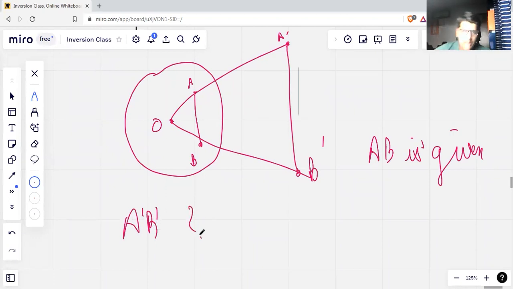How do I find it? Okay, the proof is by similarity. It follows from the same ideas we discussed before. I'll just state the answer and the proof is left as an exercise to you guys. You can pause the video and try to prove it.